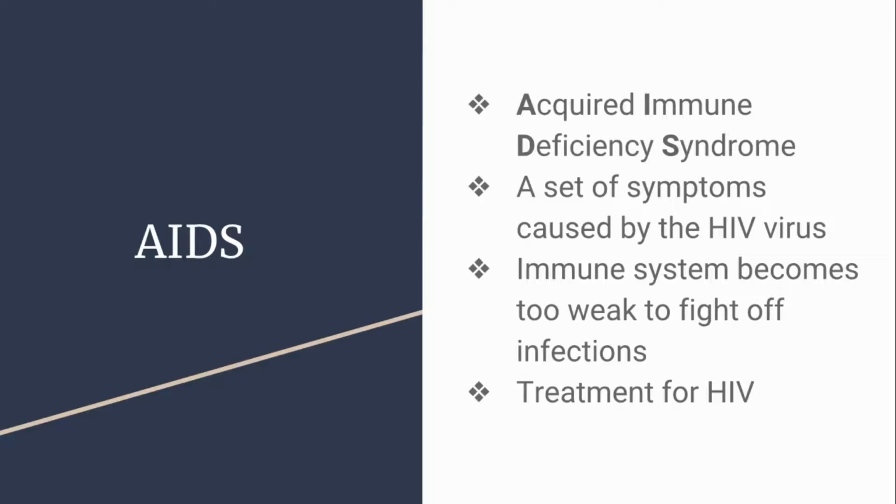However, if HIV is left untreated, it will most likely develop into AIDS and may eventually cause death. The immune system is too weak to fight off infections. This can lead to certain symptoms and illnesses, and it may lead to an increasing number of illnesses, and these illnesses are called opportunistic infections. Treatment for HIV means more people stay healthy and fewer people develop AIDS.